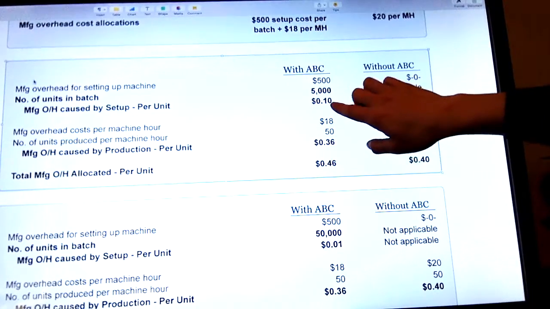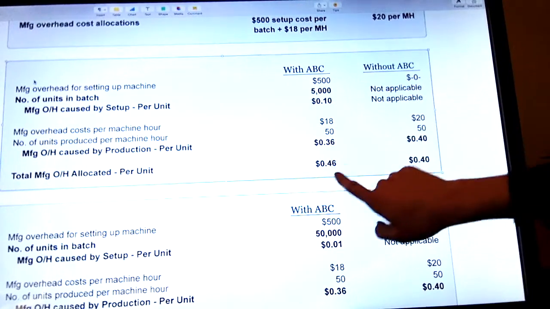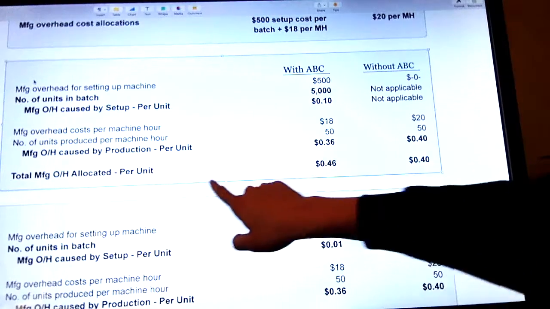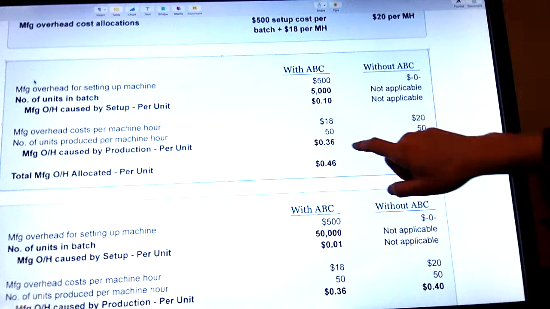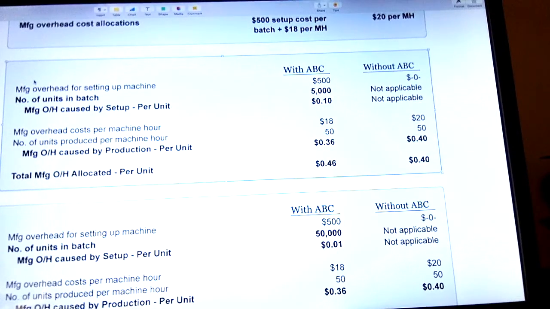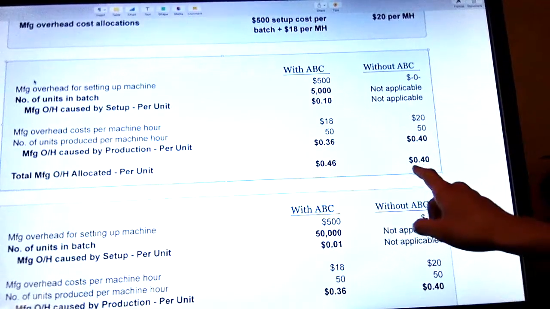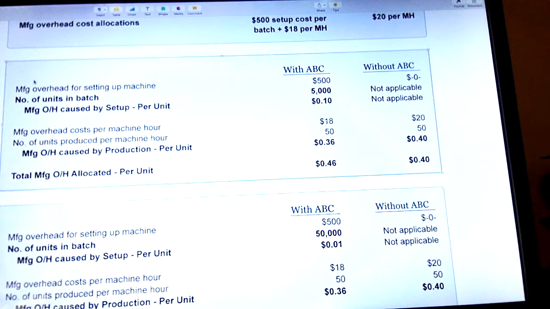And then we're going to add our 10 cents per setup to get the total overhead per unit when you're producing this amount. As you can see, there are two different numbers that aren't very drastic in difference, but they are going to make a difference when you're trying to sell a product and how you're going to set your bottom line. It's definitely going to make a difference in what you can do for your customer.